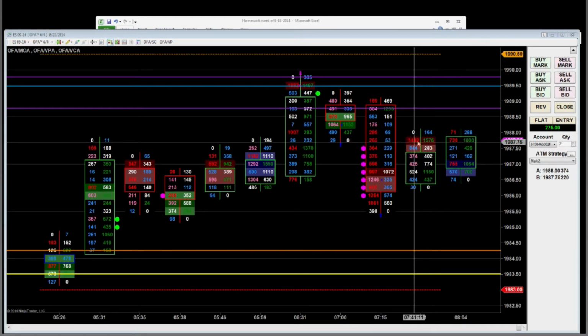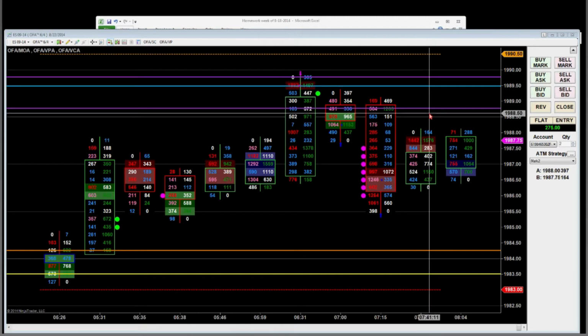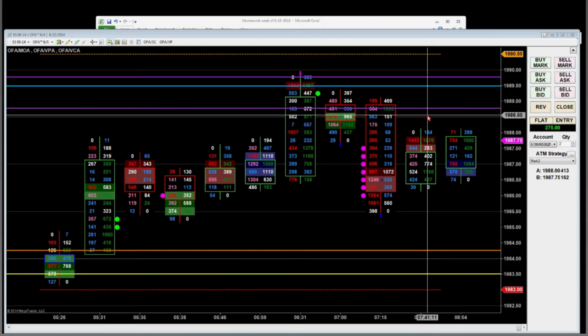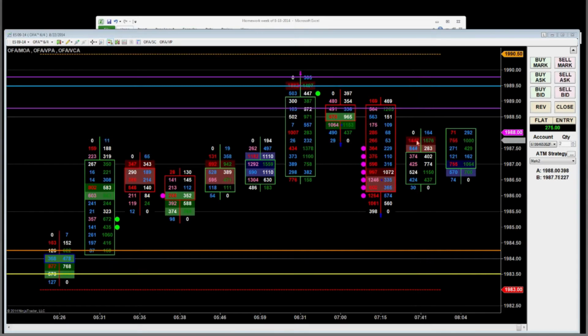And granted this isn't the open yet, but if we open up in this area and price starts moving higher, what I can see already in this activity is that there was aggressive activity at the bid.